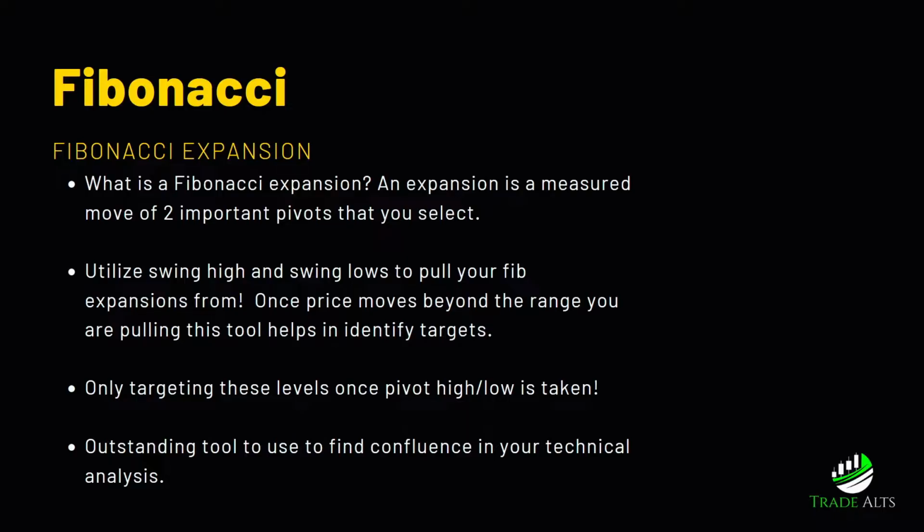If you're pulling a bullish Fibonacci retracement, as an example, and price comes below that first pivot at the low, then you can use that same pull as an expansion to target levels below the first pivot. So again, Fibonacci expansions only target those expansion levels once either the pivot high or the pivot low is taken out.